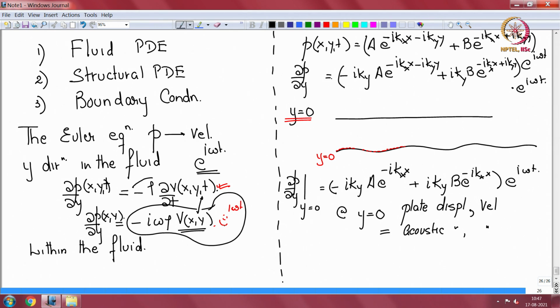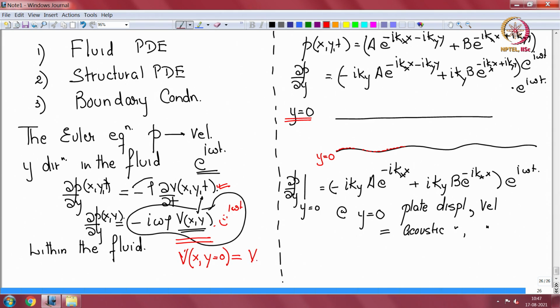So this term here, which is acoustic particle velocity at y equal to 0, is equal to the plate velocity.